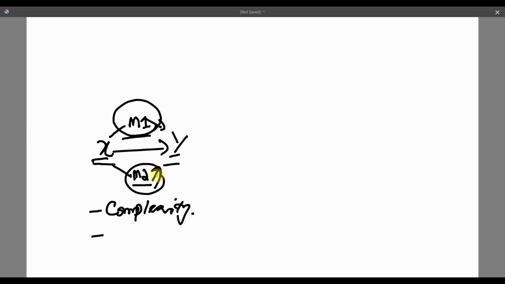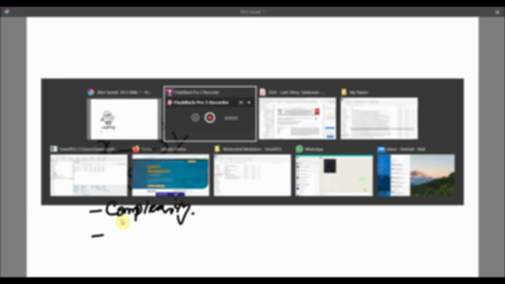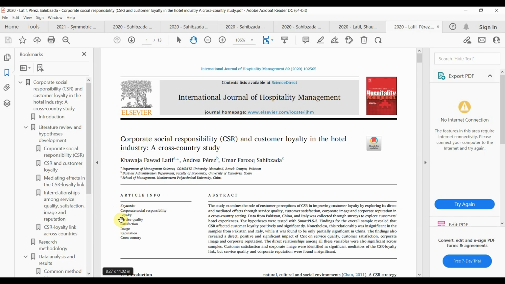There are multiple ways to get mediators. And as I said, this is mentioned as a strong gap in the introduction of a research paper or thesis. How? Let's have a look. This is a research study.